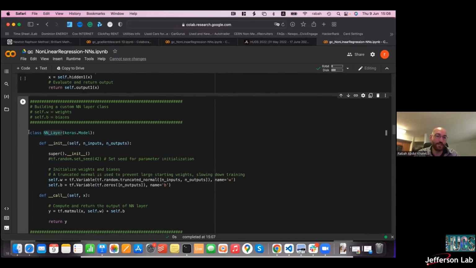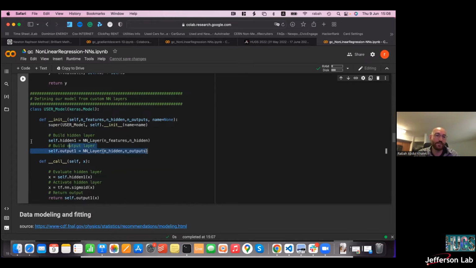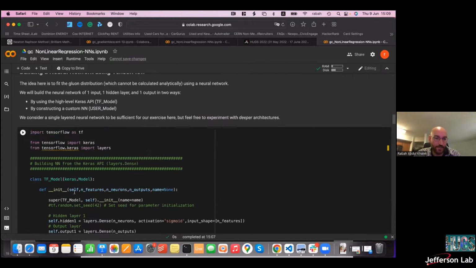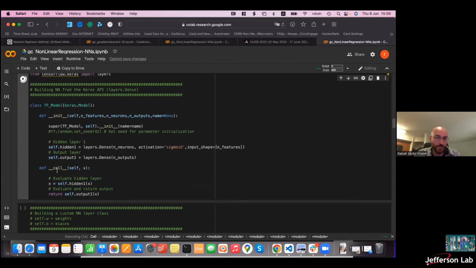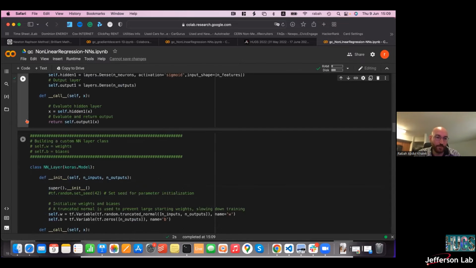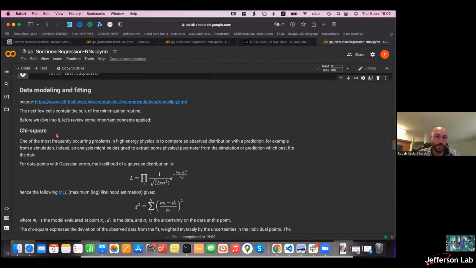So utilizing the NN layer that you defined here, you can use it inside of a model. That just allows you to write a more customized library. But anyway, I don't want you to worry about these. I just want you to know what they do. So these are the parameterizations of your neural networks. And now you can use them for something useful.